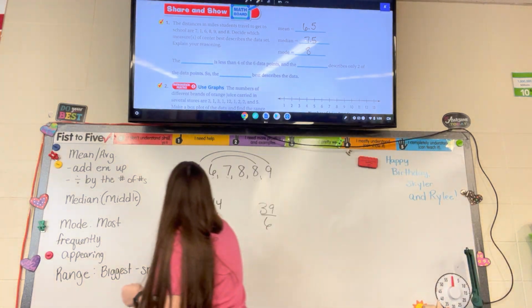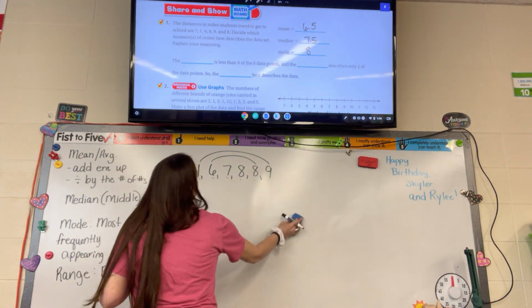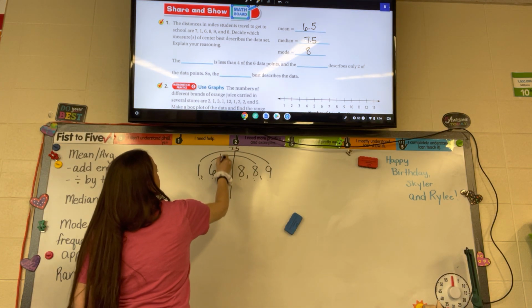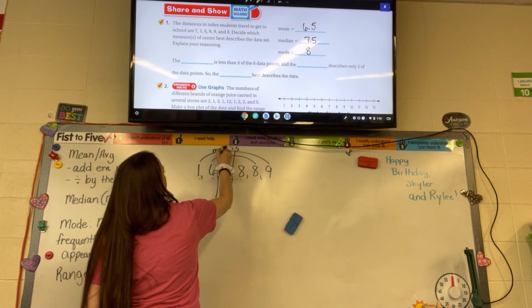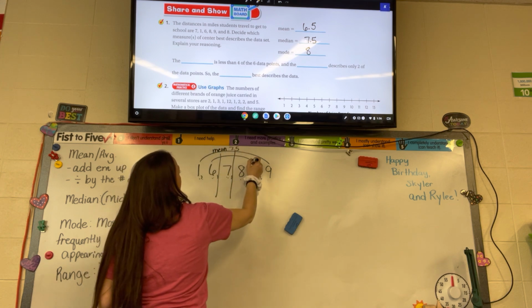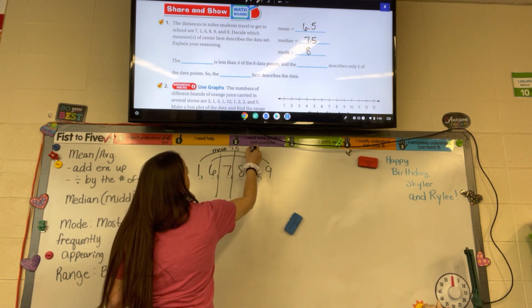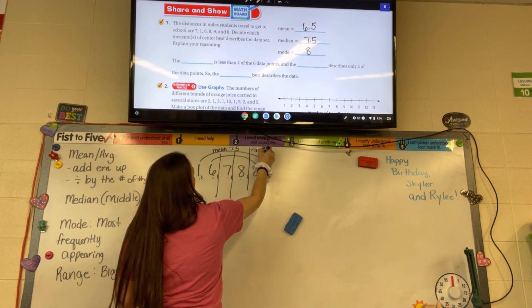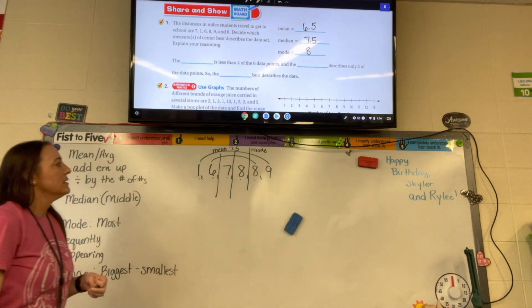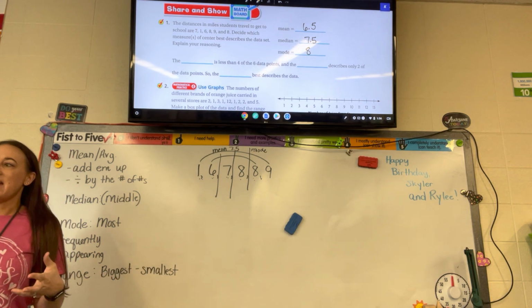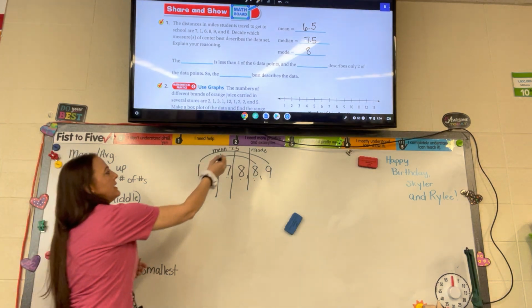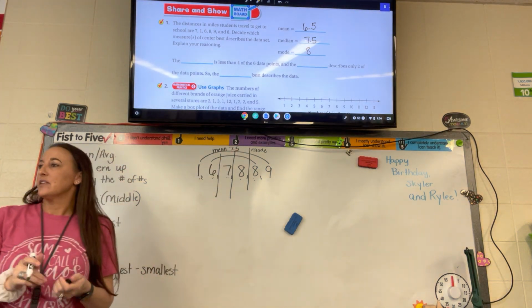So we have a 7.5, which is the median. We have a 6.5, which is the mean. And then we have an 8, which is the mode. Which one of these would best be the center of the data? Ian? The median. Okay, for this one, right?